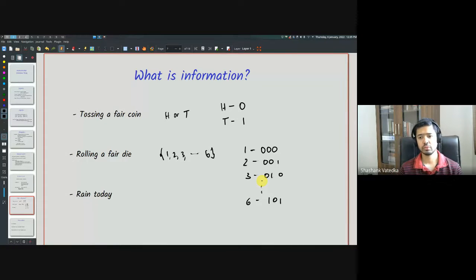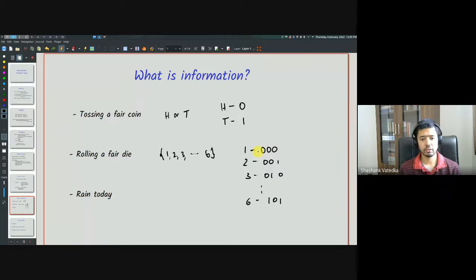So in some sense, if I say the information content is the number of bits I need in order to tell you the outcome of a particular experiment, and if this is how I measure information, that the amount of information involved in a random experiment is the minimum number of bits I need to tell you the outcome, then which one do you think is more informative?